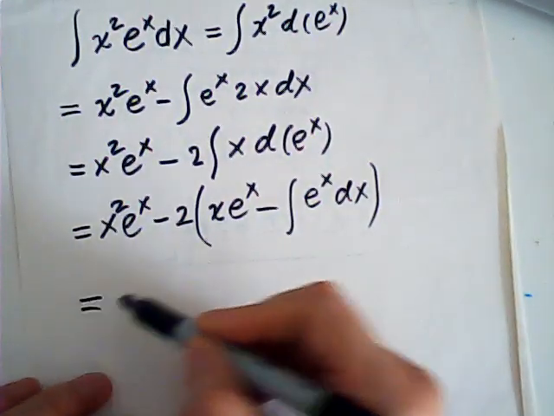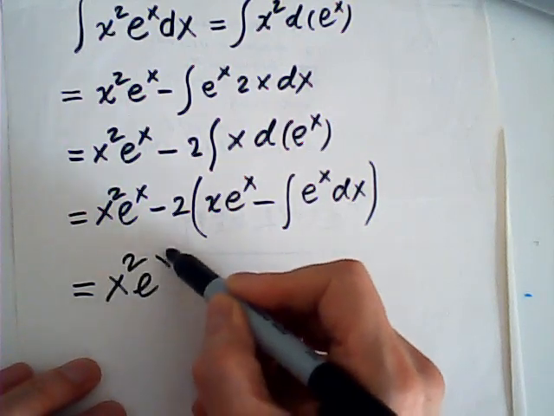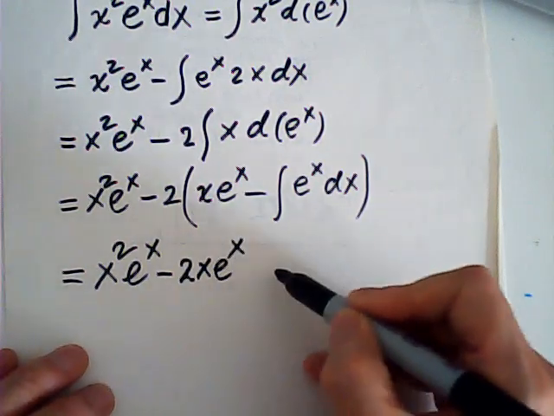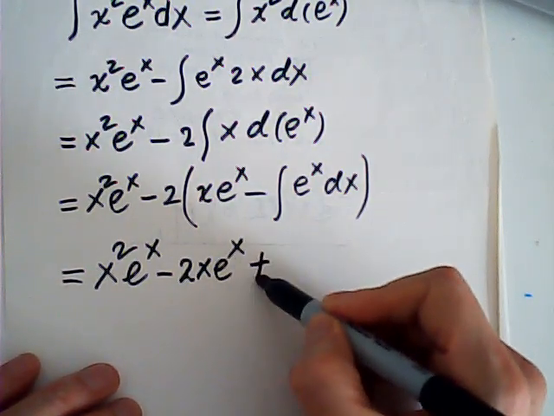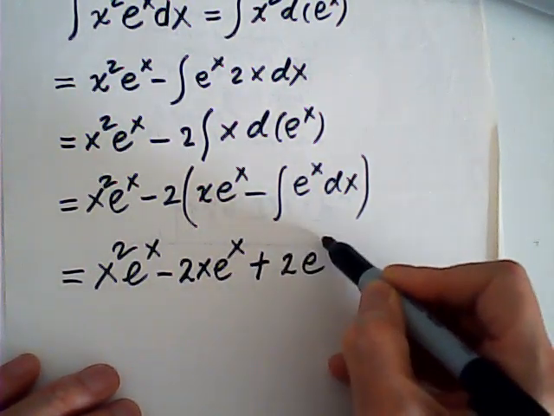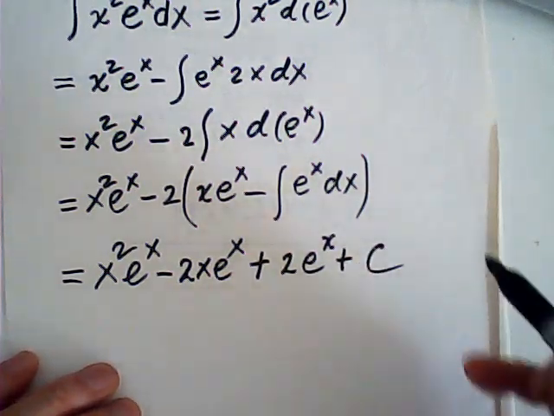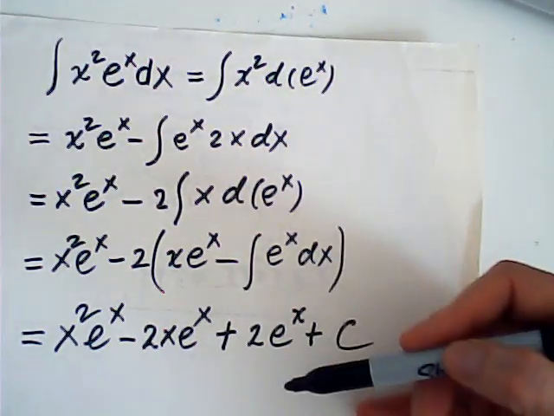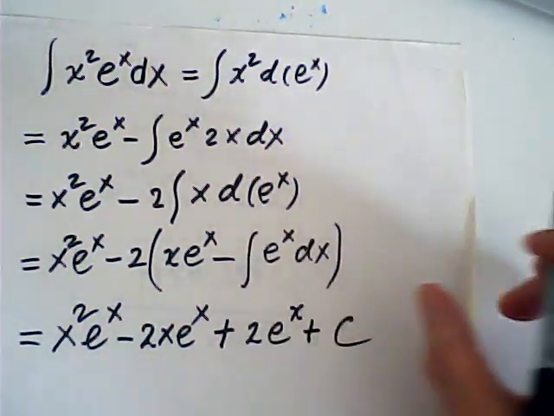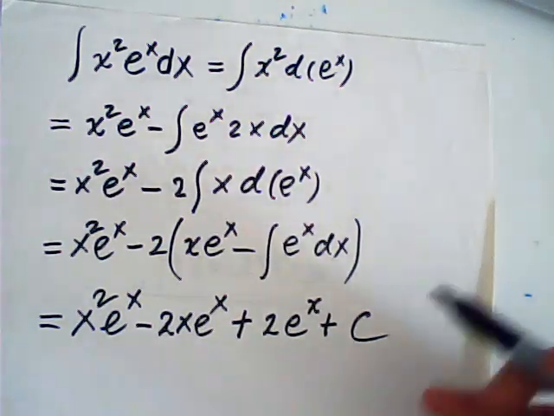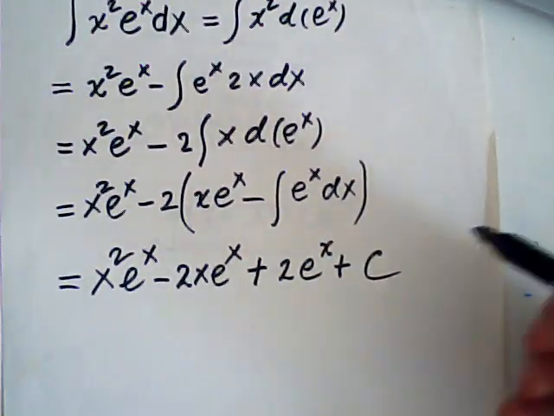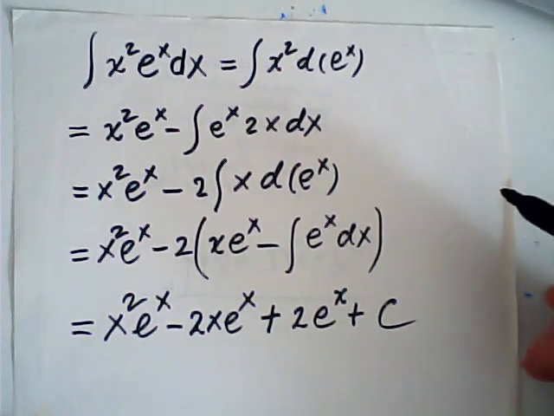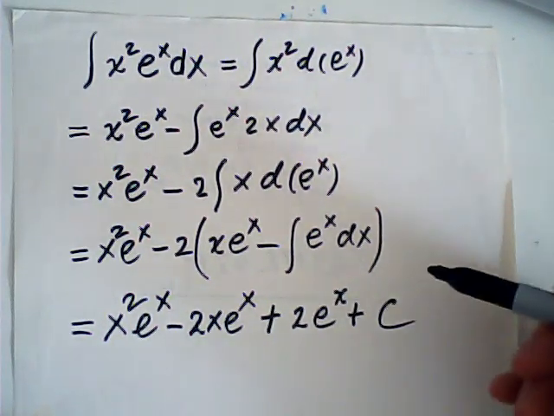So this one equals x squared e to the power of x minus 2x e to the power of x plus 2. Okay, it's done. From here to here, straightforward, no interruption, no side works, no side explanations. This is my own experience. I think this is a very nice way now to do by parts.